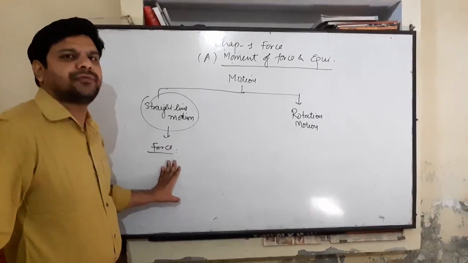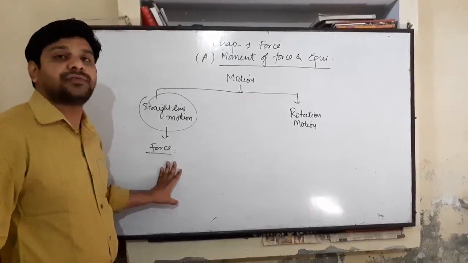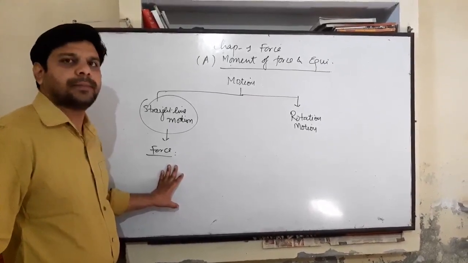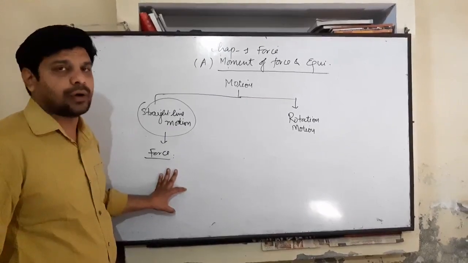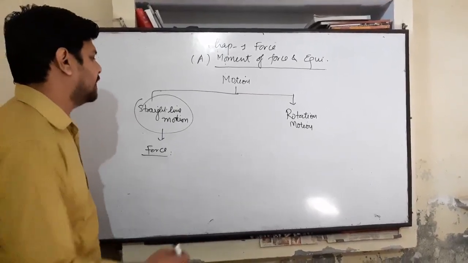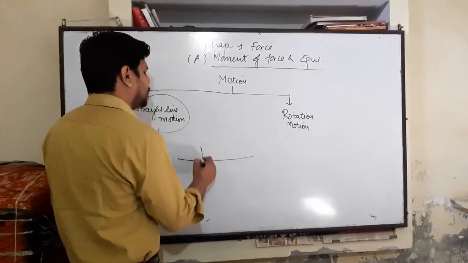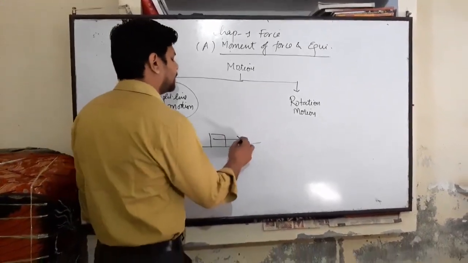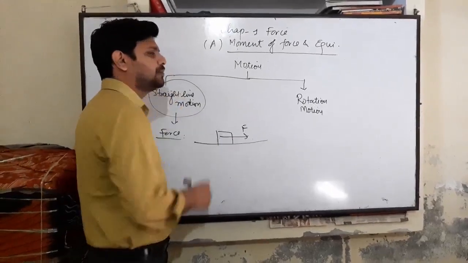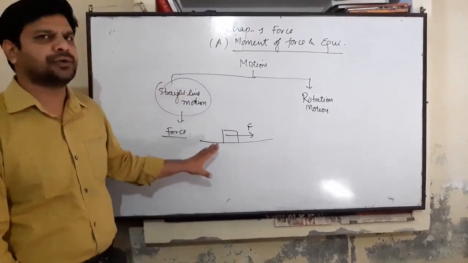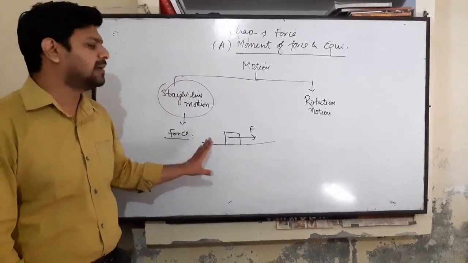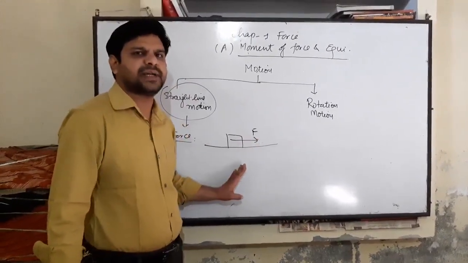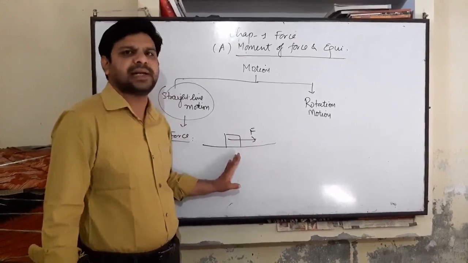If we apply some force on any object which is free to move, then it will move but in a straight line. Always remember, if we apply some force on this object which is free to move, then it will move in the direction of force, or you can say it will move in a straight line.